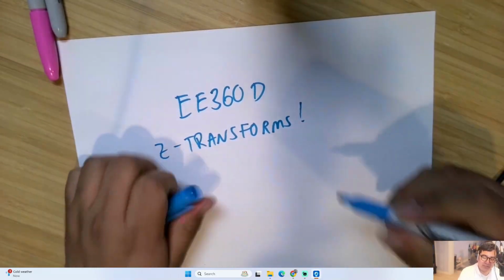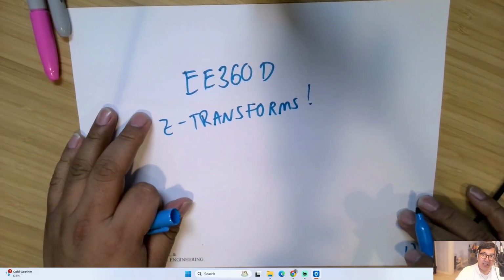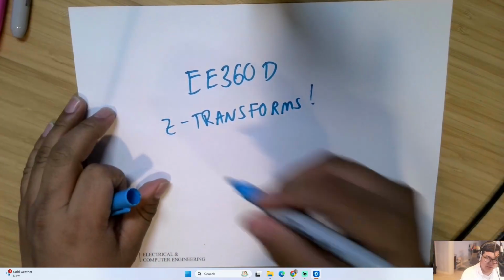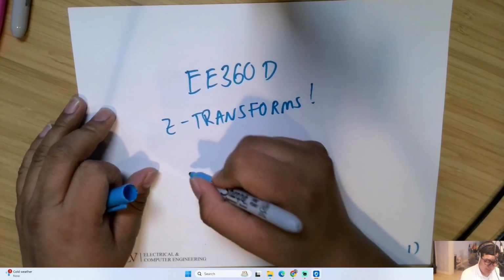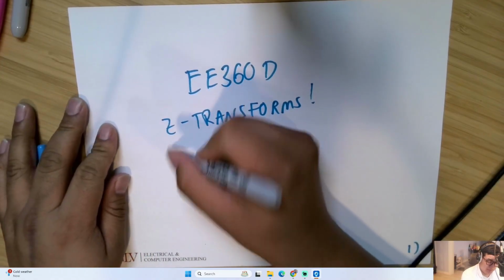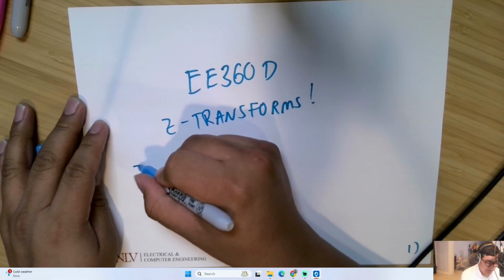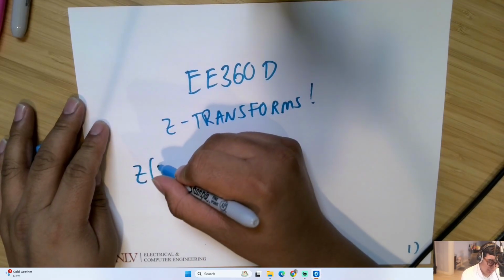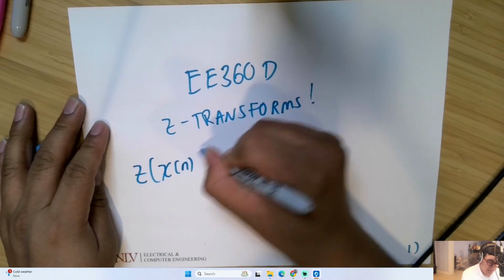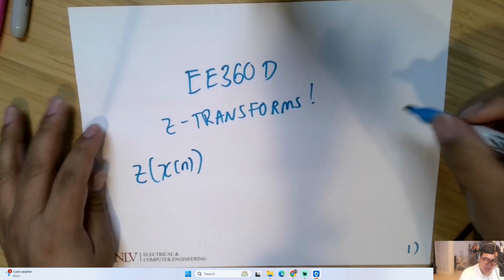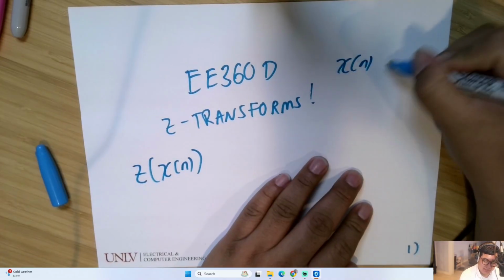If you remember from your lectures, Dr. Siebers introduced you to Z-transforms. If you remember the definition, we take Z of some signal x of n, by which I mean a signal like this.